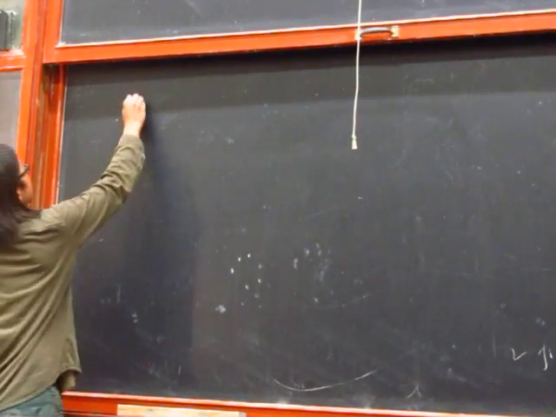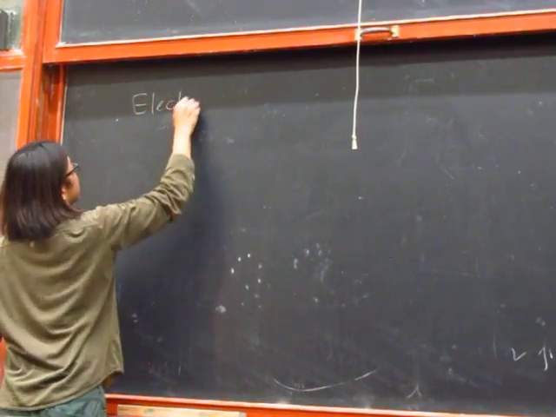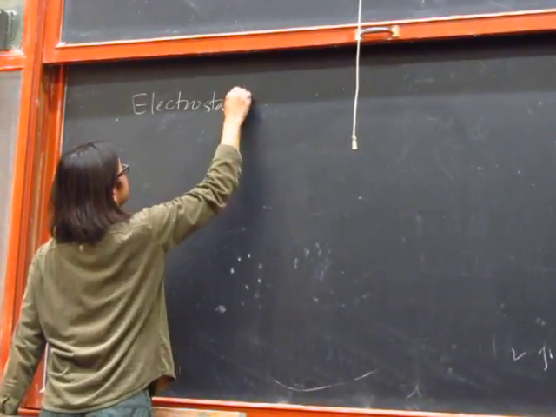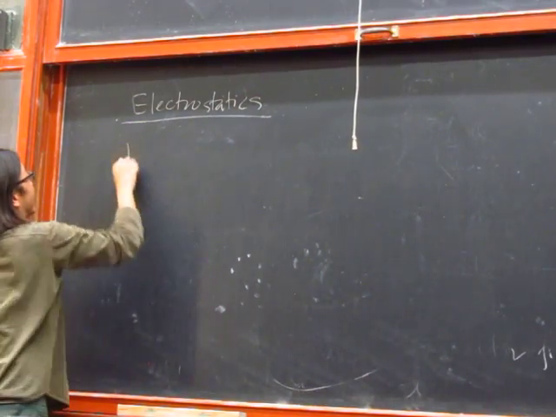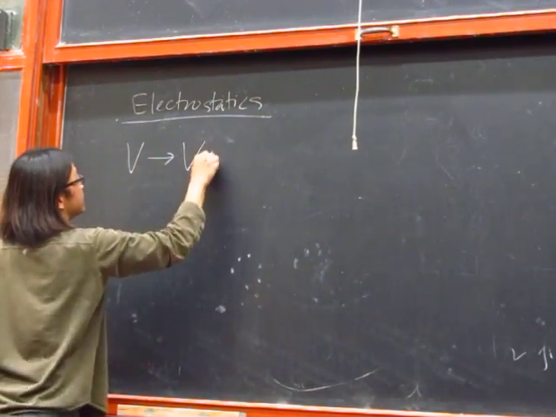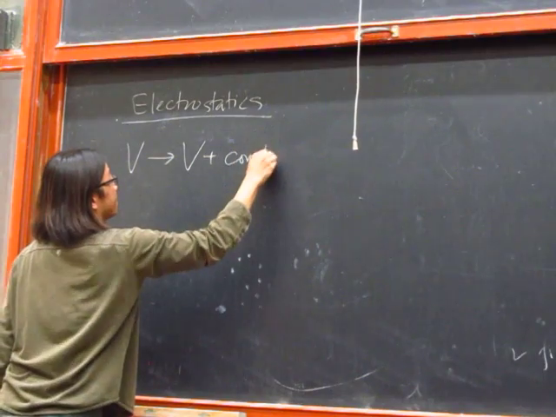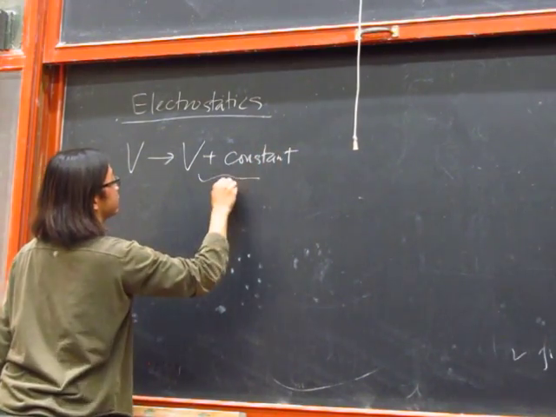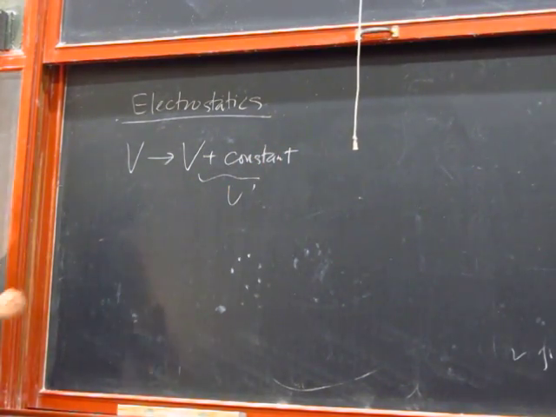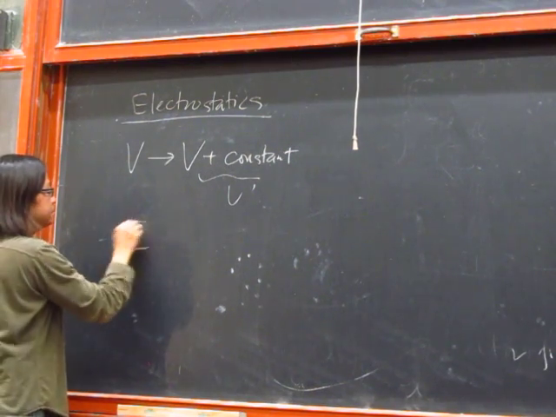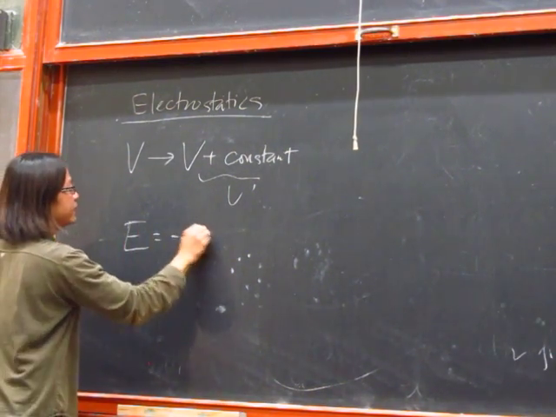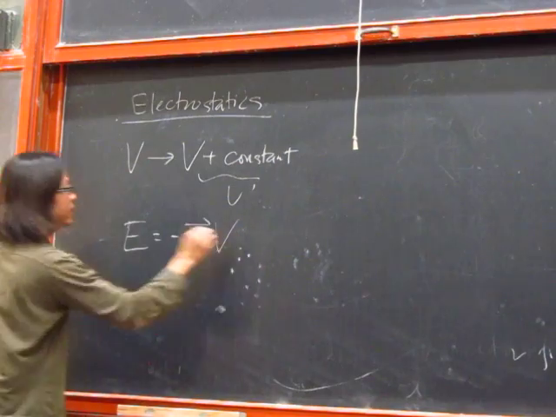I can change V by adding a constant, so it's also called V prime. Then the electric field, which is minus the gradient of V, stays the same.